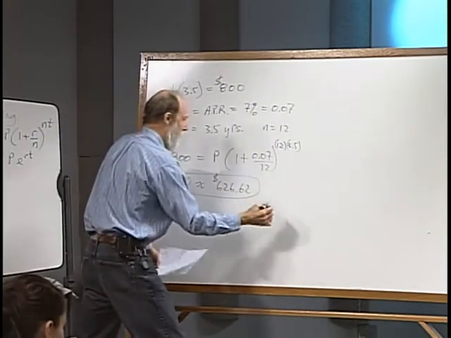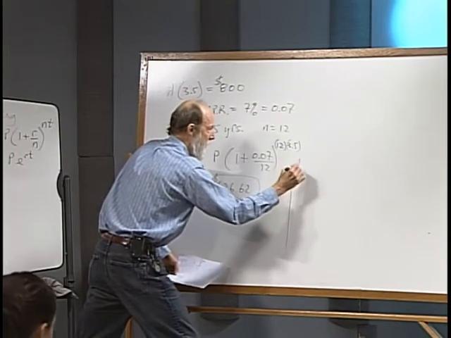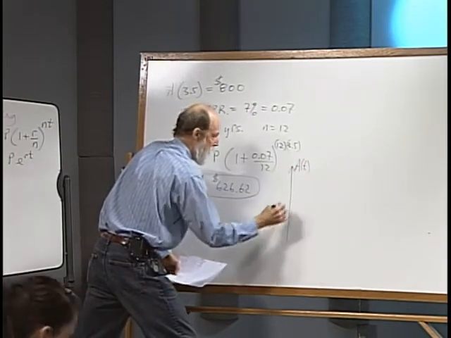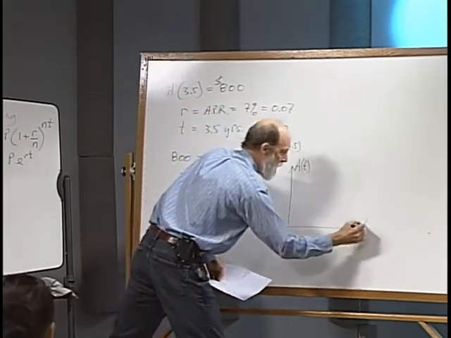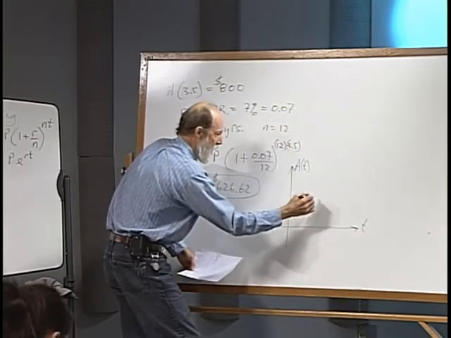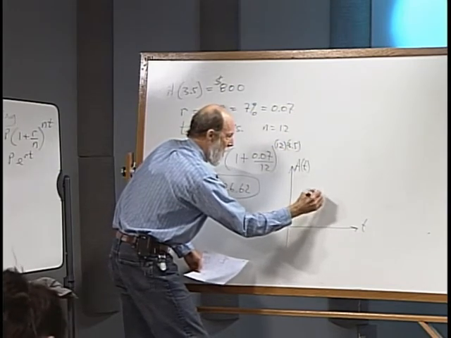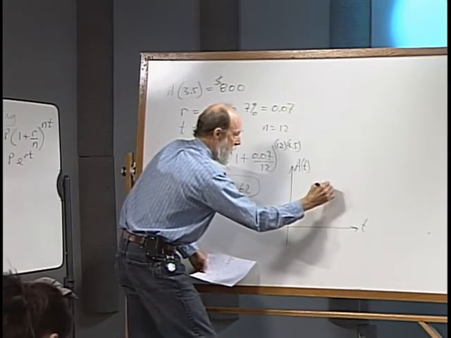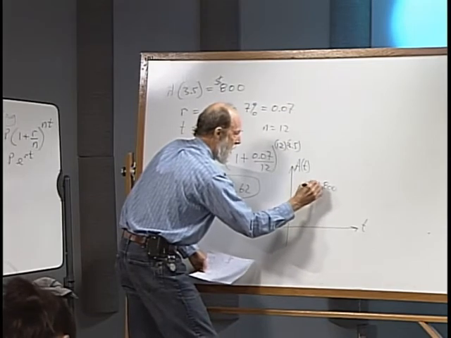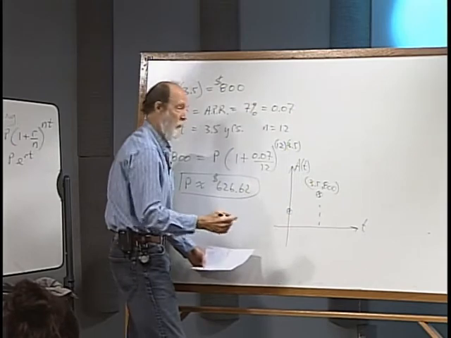And here's what we also had. This is the amount of money in the future versus time in years. And so we actually had a point out here where this was 800 at 3.5 years. So that was the point we were given. And we knew the interest rate.